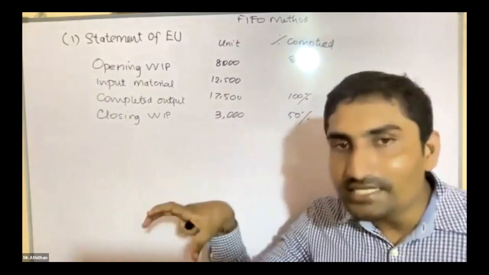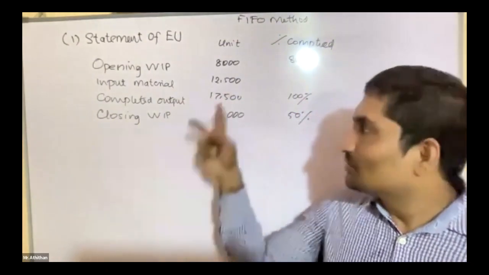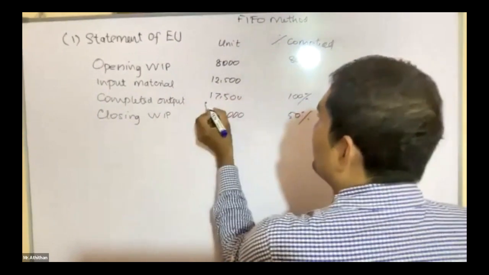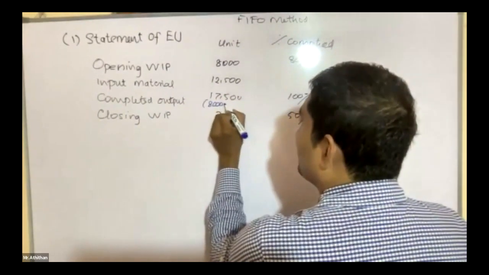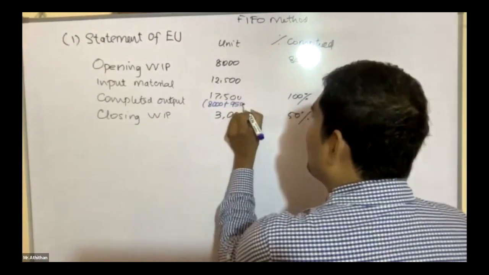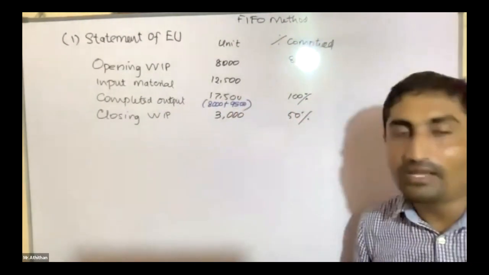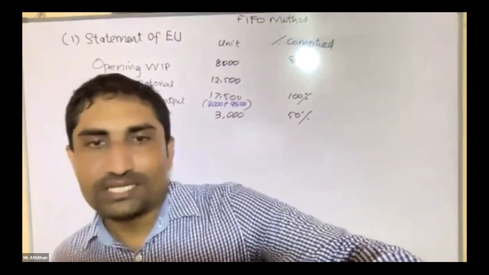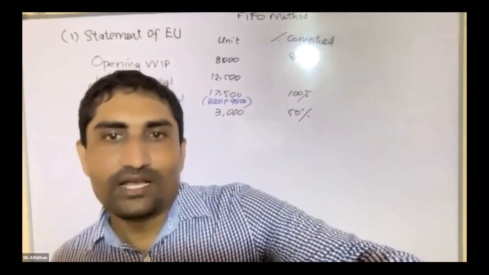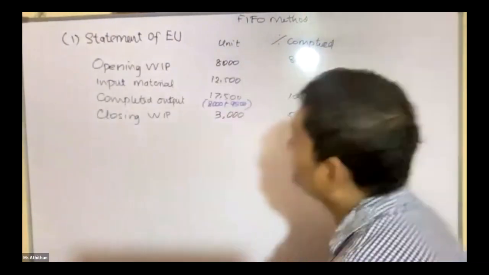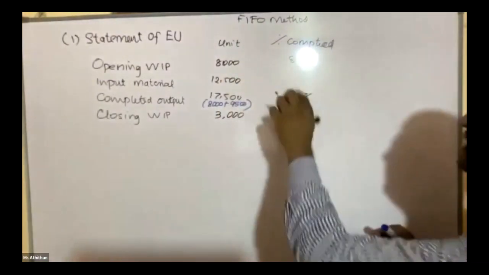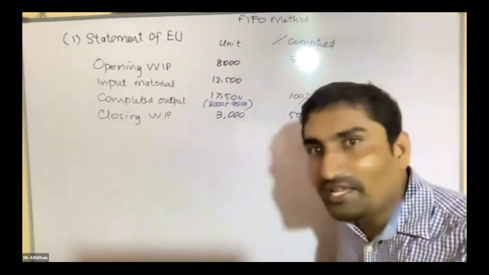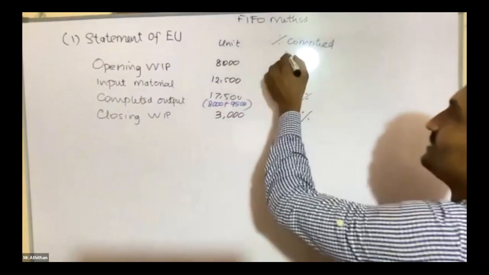Completed means 100% completed. So this 17,500 includes 8,000 plus 9,500, right? So these are percentage wise completion. Now we will take the result. 8,000, 80% completed. So this period we will complete only 20%.